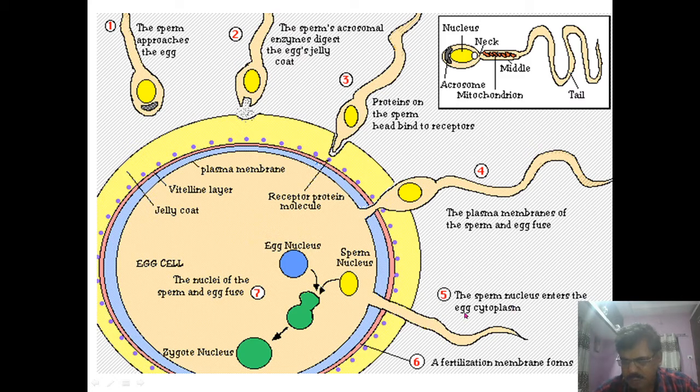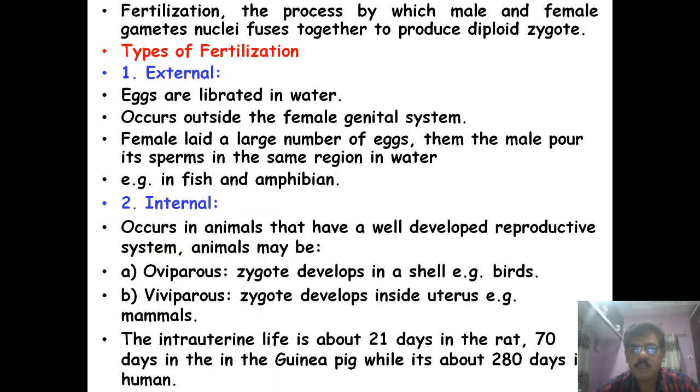The sperm nucleus enters the egg cytoplasm, the cortical reaction occurs and the fertilization membrane forms. After that, the sperm nucleus and the egg nucleus fuse together, and that is the process of fertilization, after which the zygote forms. So these are the steps involved in the process of fertilization.